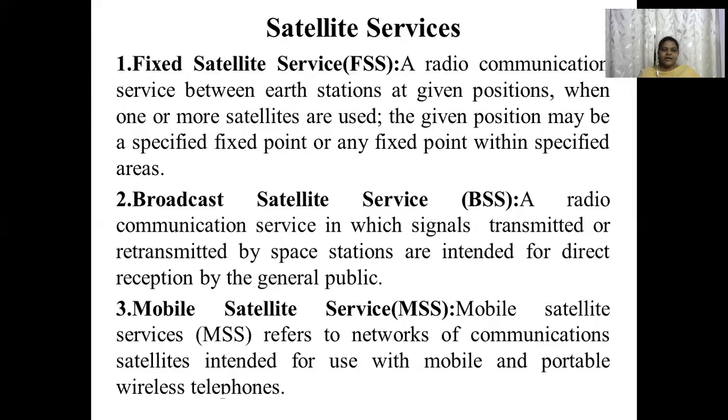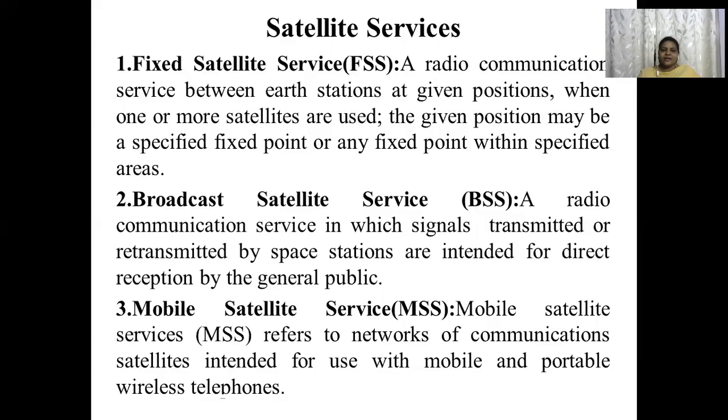Next is broadcast satellite service. It is mostly known as BSS. It is defined as a radio communication service in which the signals transmitted or retransmitted by the space stations are intended for direct reception by the general public. Means directly it is received by the general public, direct to home applications.